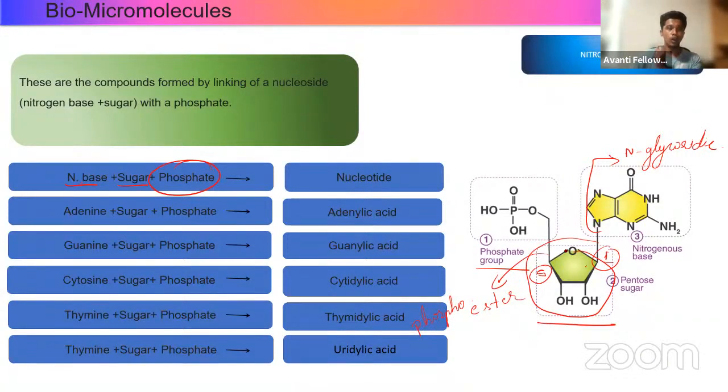To the first carbon atom you have your nitrogen base, and to the fifth carbon atom you have your phosphate group linked. Once that is linked, one nucleotide is formed. So we call it deoxyadenosine monophosphate, deoxyguanosine monophosphate, deoxythymidine monophosphate, deoxycytidine monophosphate. This is called a nucleotide.